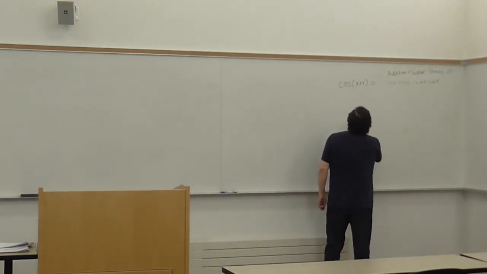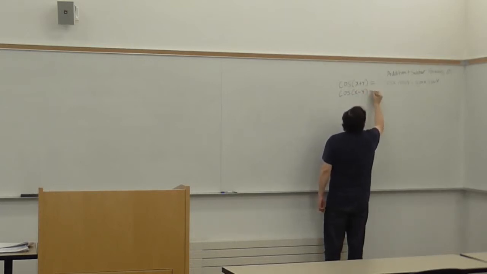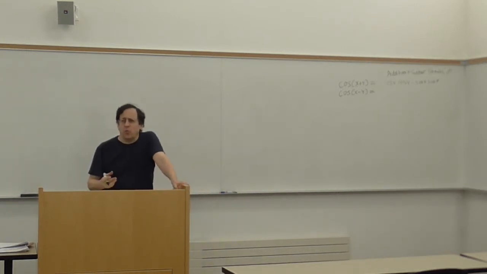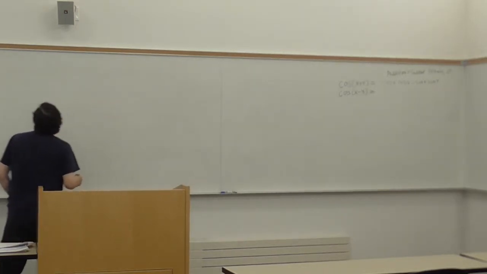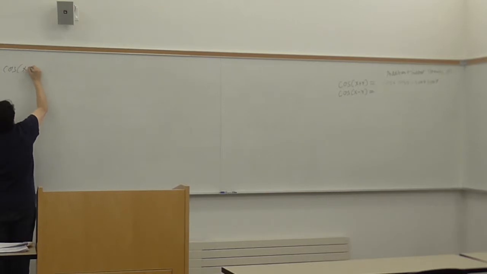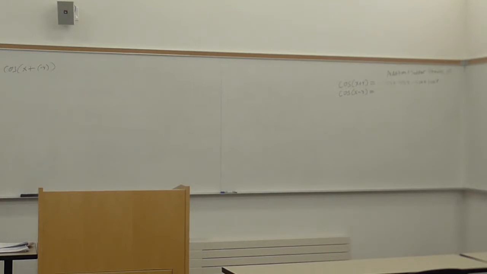Okay, the next formula we want to look at is cosine of x minus y, the subtraction formula. You're going to see that we did the hard work. Everything else we're going to do is fairly simple comparison. We can look at cosine of x minus y. That's just cosine of x plus minus y. And we have a formula for cosine of x plus y now, so let's apply that.